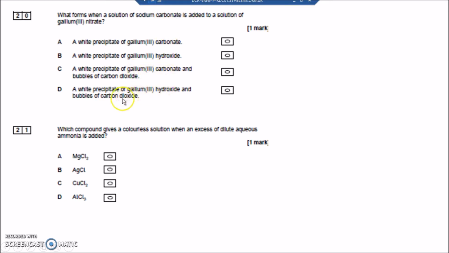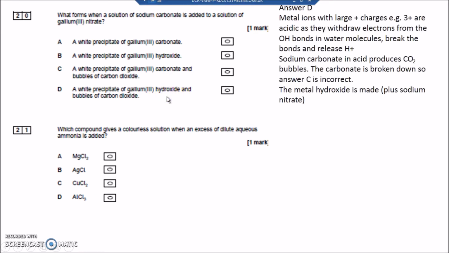It must make gallium hydroxide and carbon dioxide. So the clue is the 3+ means that it's acidic, and it will make carbon dioxide, as the carbonate has broken down. The hydroxide then comes from the gallium reacting with water, pulling the electrons down the bond onto the oxygen, releasing H+, and leaving the OH- behind. But there's enough information without that to work out that your answer is D.